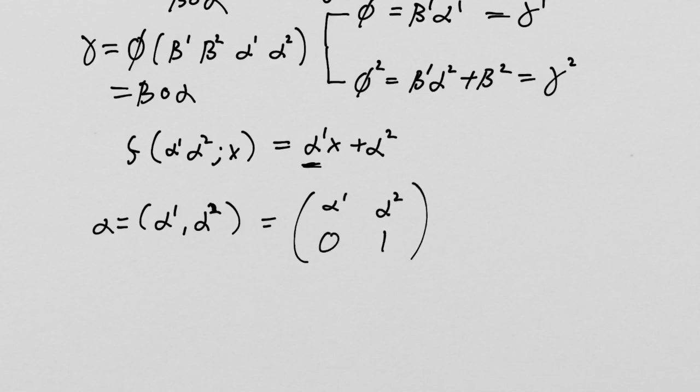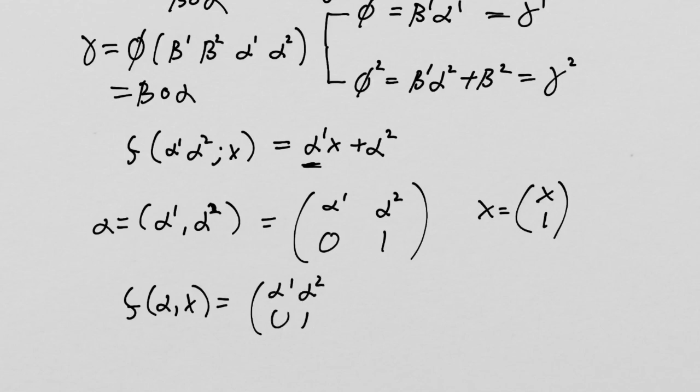And then let's take our coordinate vector x and write it as a column vector x, 1. Then f of alpha and x would be very efficiently written as that matrix acting on the column vector x, 1.